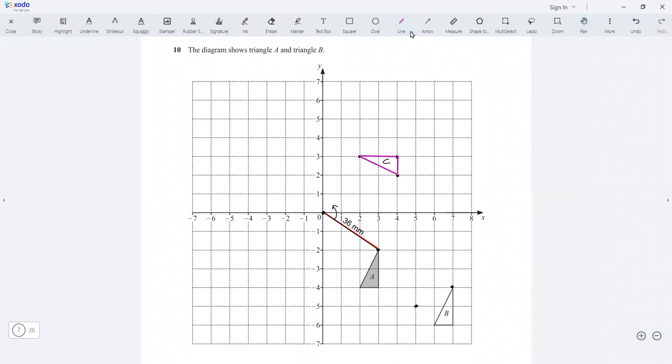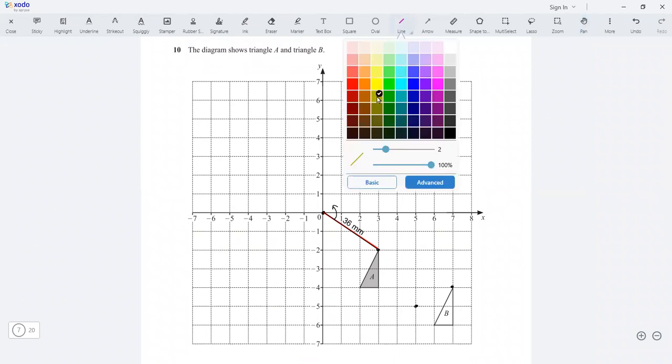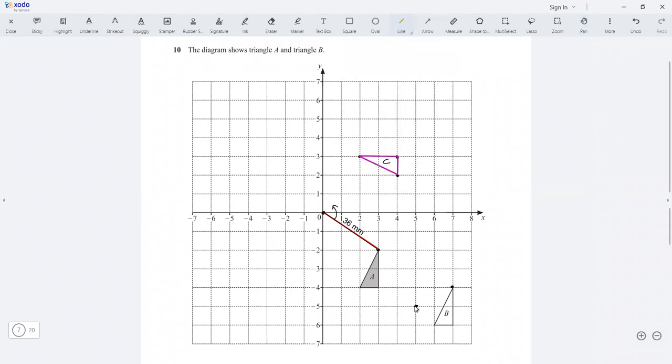So I'm changing the color of it. So it must be this, or we have to extend this line through the whole grid. It will be fine. Similarly, it must be passing through this point. And what about the last one?